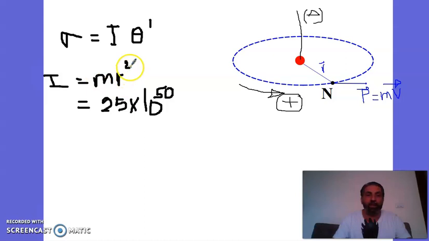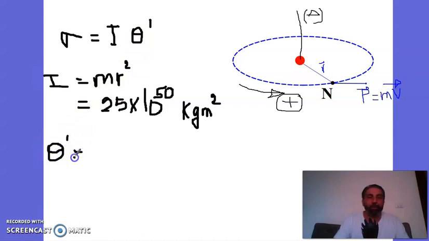Kilogram meter squared. Okay, we now need theta prime. You remember theta prime equals V over R, right? But also you remember it is 2 pi over the period.